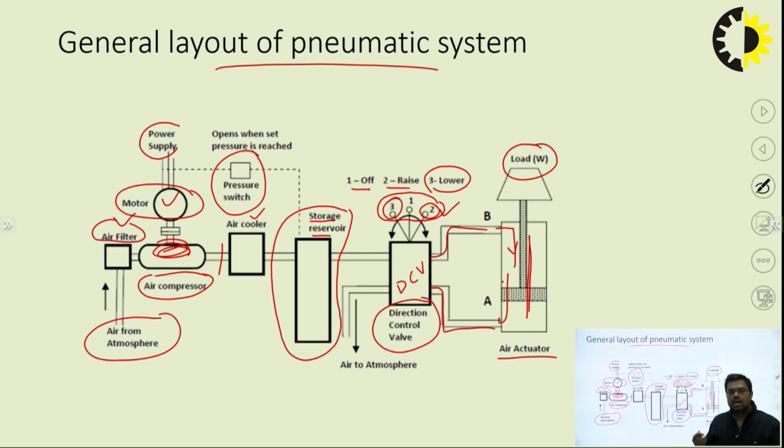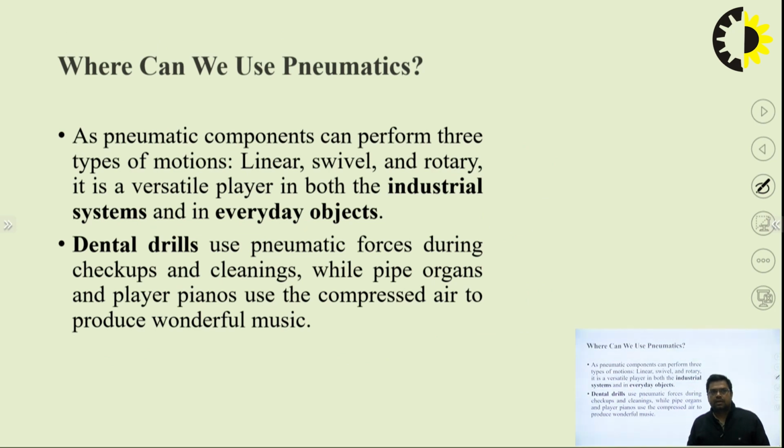So there is a large variety of operations where we use this air. Where we use it, I have discussed in this lecture: where we use this pneumatic system. Basically this pneumatic system can be used for any kind of movement.